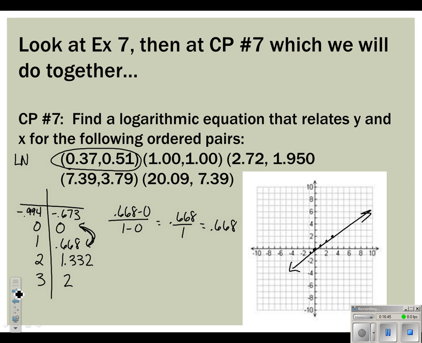So I can write an equation with the ln of y being equal to, here's m, that's my slope, 0.668 of ln x. And there you go.